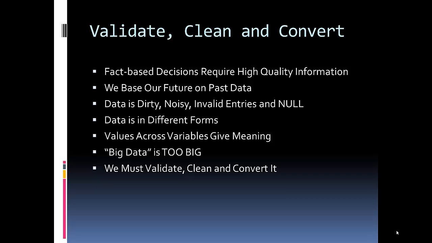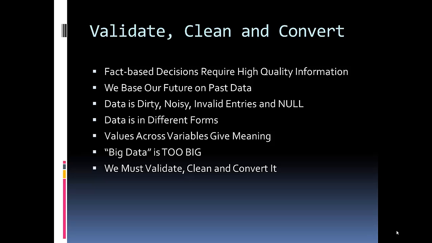However, data is almost always dirty, noisy, full of invalid entries, missing data. It's in different forms. And we need to clean and convert that data and validate it before using it. And then we need to combine those values across variables to start extracting meaning from it.